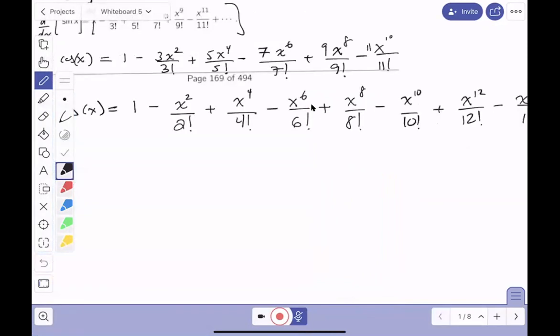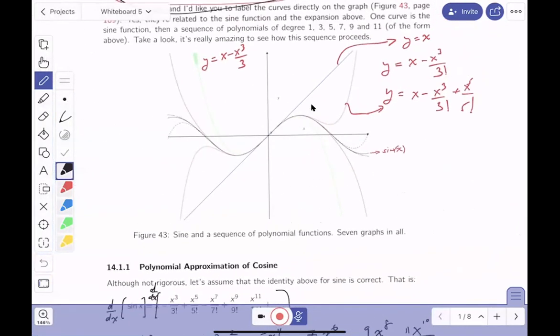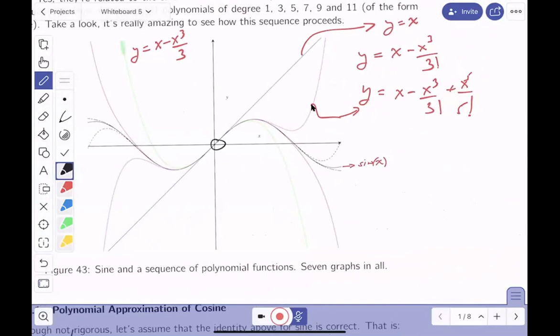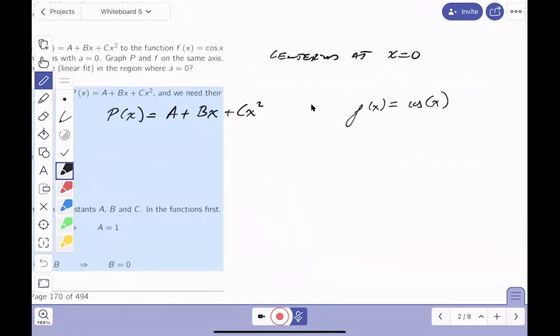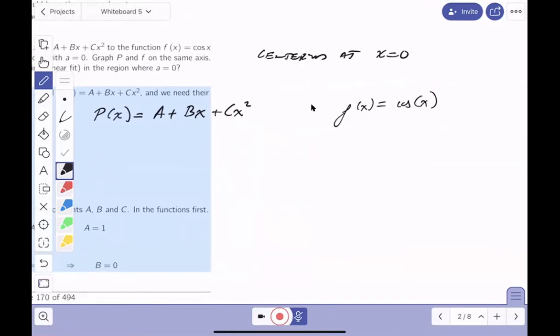Let me go back over here and point out what I mean by that. If you look at our graph, everything seemed to work so nicely at 0, and everything kind of spread away from the 0. So this is also centered at 0. By the way, we like centering things at 0. It makes it easy for us. We don't have to. We can center it elsewhere.